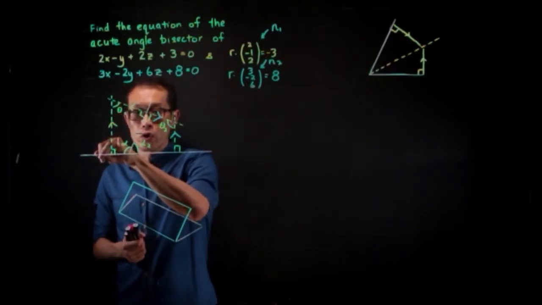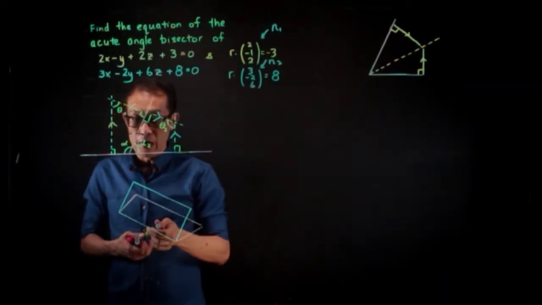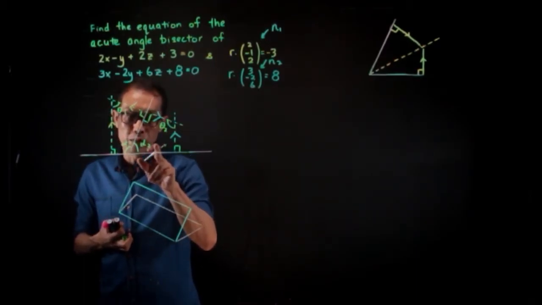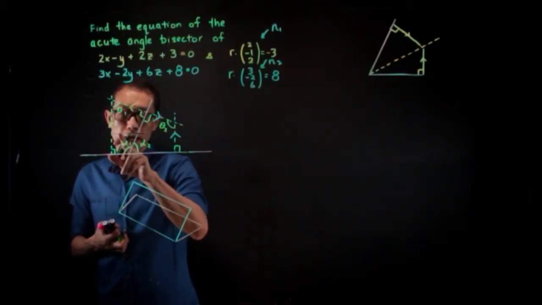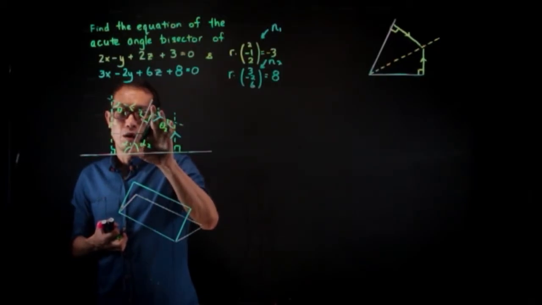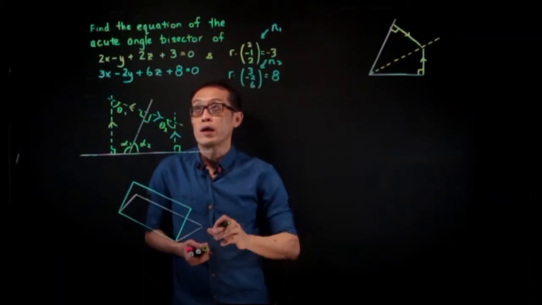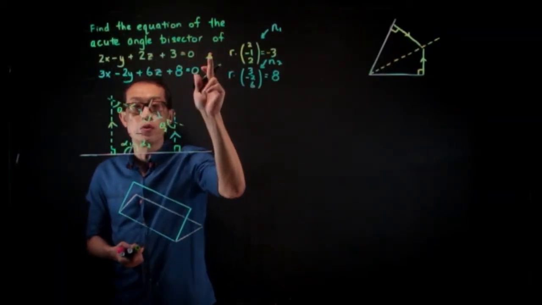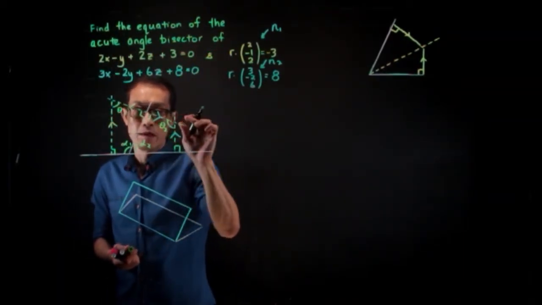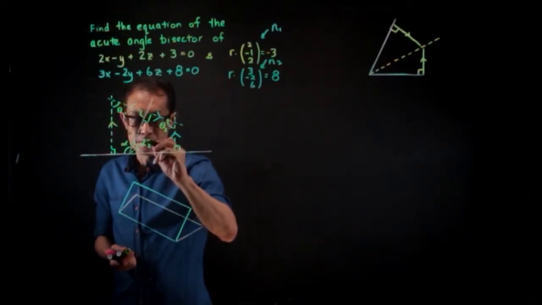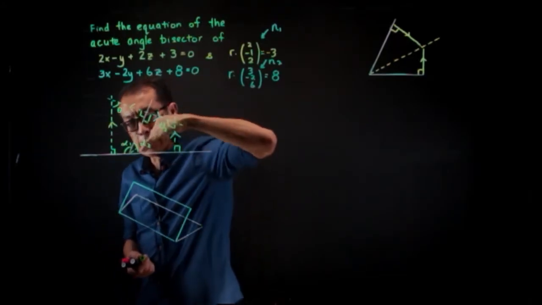One is acute, alpha 2, and the obtuse angle between the two planes will be alpha 1. Now what they want is the acute angle bisector of these two planes. So this is the plane that they want, cutting into the paper.